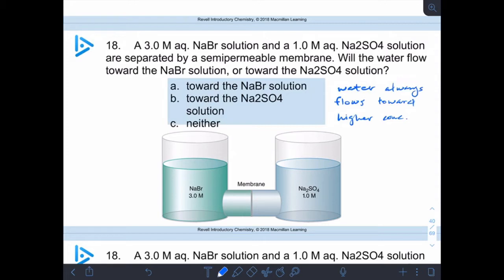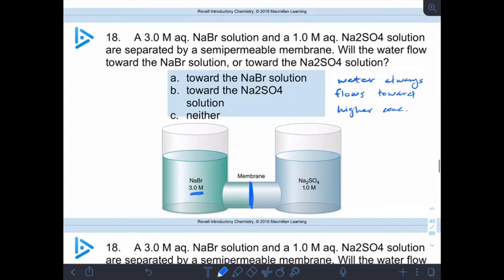So in our diagram here, we have this membrane right here in the middle. So the membrane keeps the ions separated, but water can flow through the membrane, whichever direction it wants to go. On the left, we have 3 molar sodium bromide. So ion concentration on the left is 6 molar ions, right?